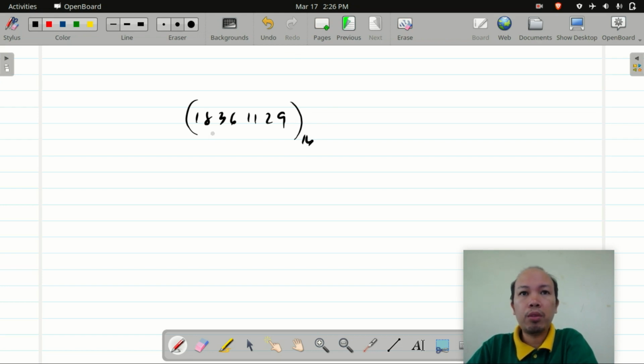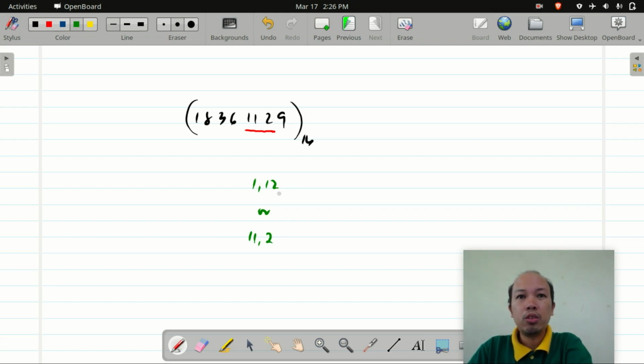Notice that if we have this notation, those numbers in red can be interpreted as 1 comma 12, or it can be interpreted as 11 comma 2.